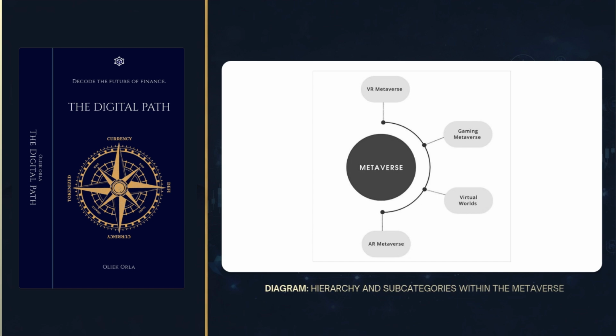This ownership is secured through NFTs, which serve as verifiable proof of digital asset ownership. The metaverse naturally extends the philosophy of Web3, where control and value shift from centralized platforms to users.